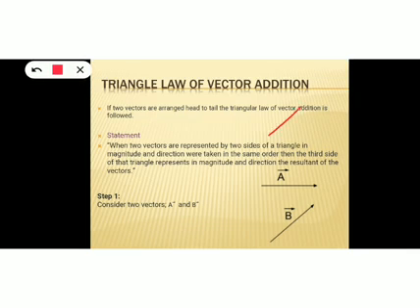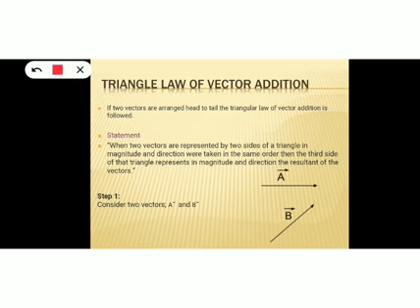Suppose we find two vectors like this, because here the head of one vector is joined to the tail of another vector. So we can use the triangle law of vector addition.